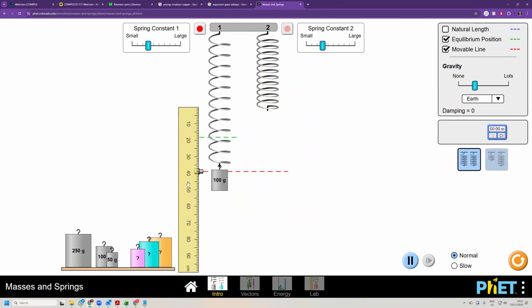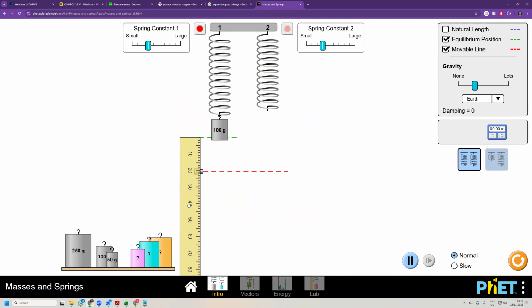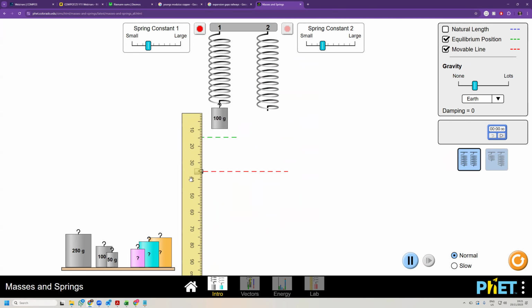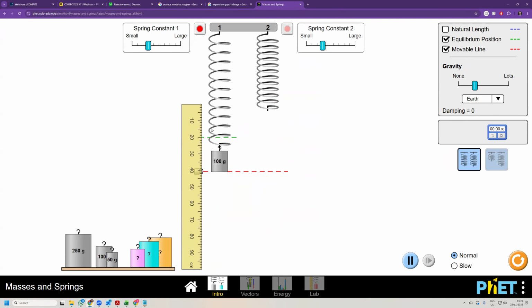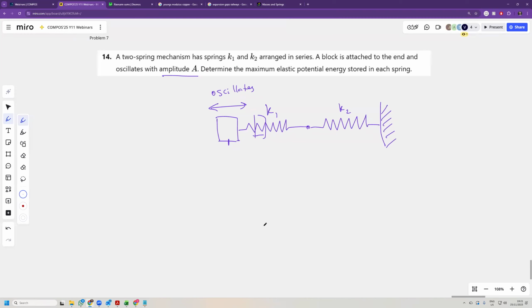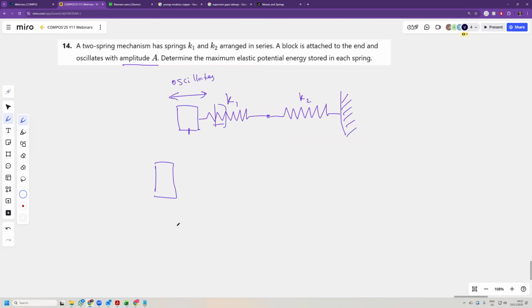In this case, the amplitude is about 20 millimeters. So the mass oscillates 20 millimeters each way from the equilibrium position. Hopefully that makes sense. So the amplitude is A. When the spring is at maximum displacement, the total stretch is A. A is the amplitude.